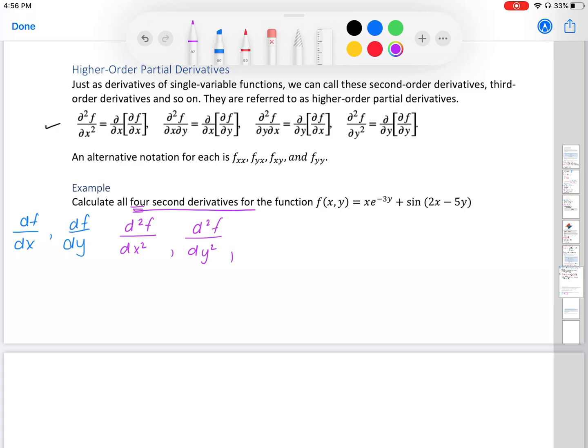And our partial derivatives also include those of y and x in correspondence to the derivative of the opposite, meaning d squared f over dx dy and d squared f over dy dx.